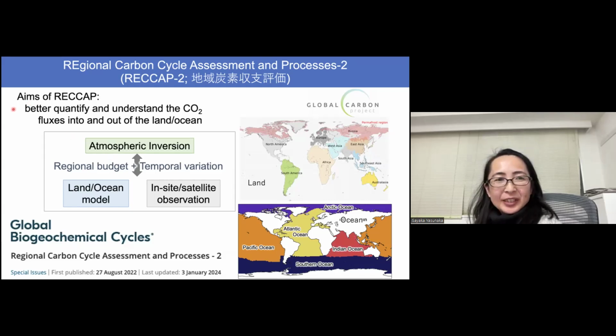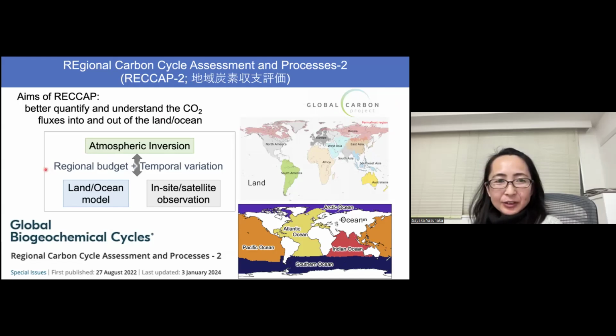To better quantify and understand the CO2 flux into and out of the land and oceans, we conducted a project called Regional Carbon Cycle Assessment and Processes 2, RECCAP2. RECCAP has been conducted under the Global Carbon Project.